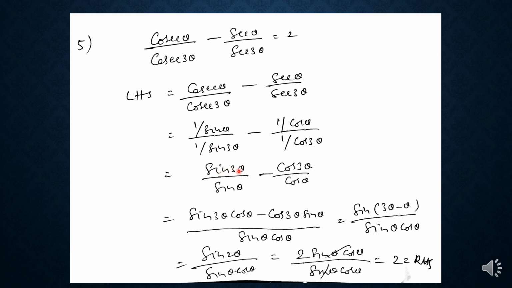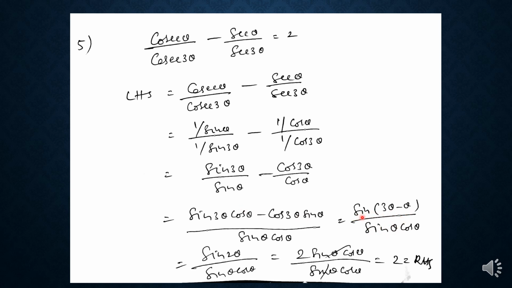So that is sin 3 theta by sin theta minus cos 3 theta by cos theta. What is the LCM here? Sin theta into cos theta, that is sin 3 theta into cos theta minus cos 3 theta into sin theta by sin theta into cos theta. This is in the form of sin A into cos B minus cos A into sin B, equal to sin of 3 theta minus theta by sin theta into cos theta.